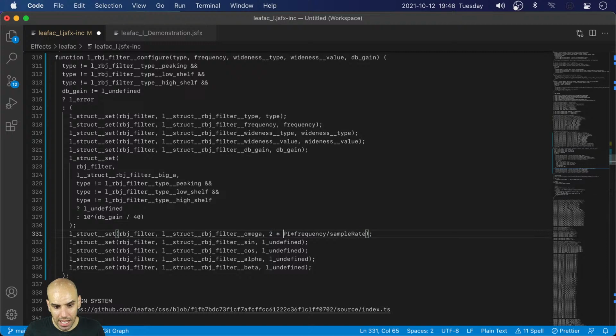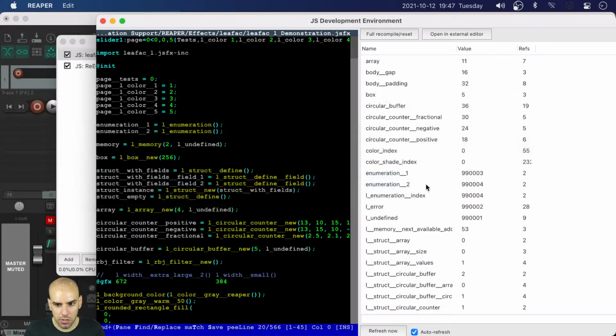And then pi is represented in JSFX with a $pi sign like this. And then frequency is just the frequency variable. And then sample rate in JSFX is srate. It's a variable that comes with REAPER and it represents the current sample rate. I can show you.